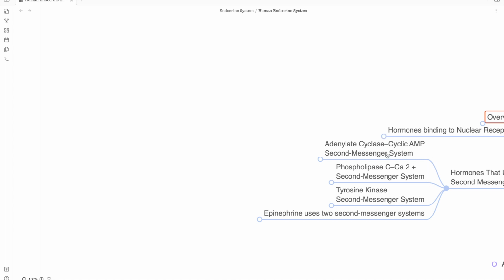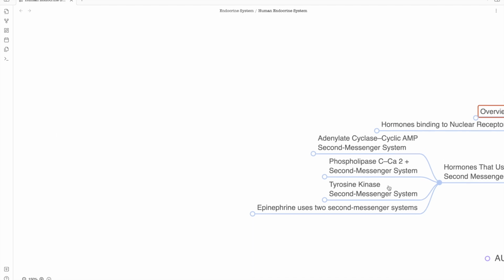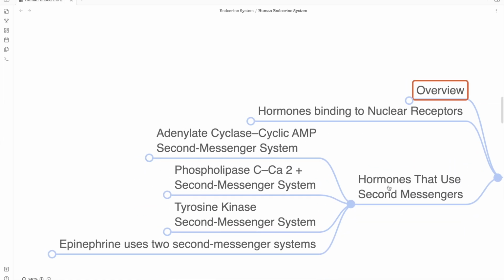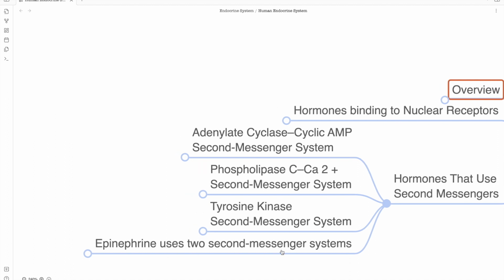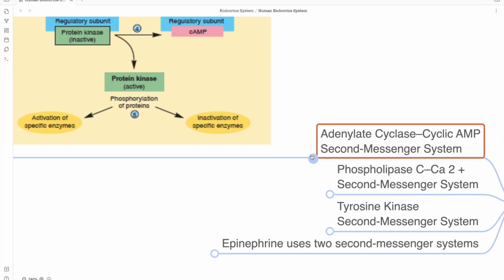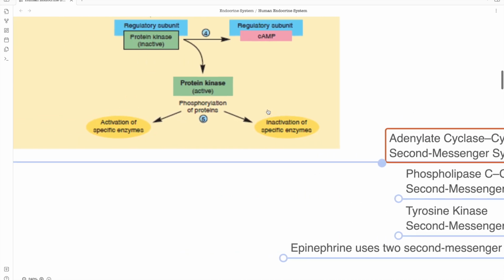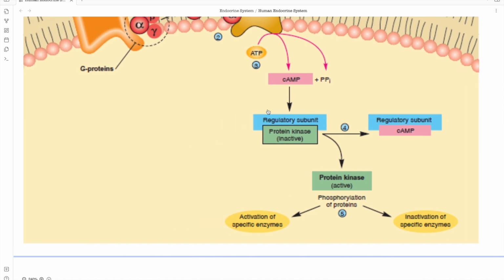If you don't know all these terms, don't worry, we'll get into those. Then we have the phospholipase C, calcium secondary messenger system. Third one is the tyrosine kinase secondary messenger system. And next we'll discuss epinephrine, how this epinephrine uses two secondary messenger systems together. So first we are discussing the adenylate cyclase, cyclic AMP or cAMP secondary messenger system.